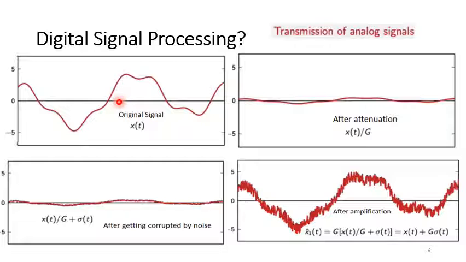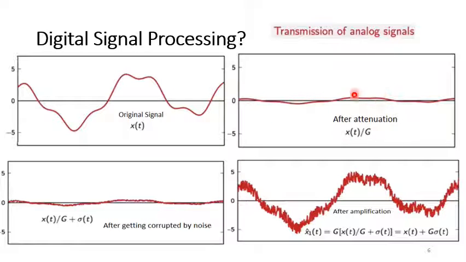That's the original signal, and we want to transmit it over a long distance. So when we transmit a signal, it basically suffers from two things. One thing is attenuation: at the receiving end, the signal will be an attenuated version of the input signal as shown here.